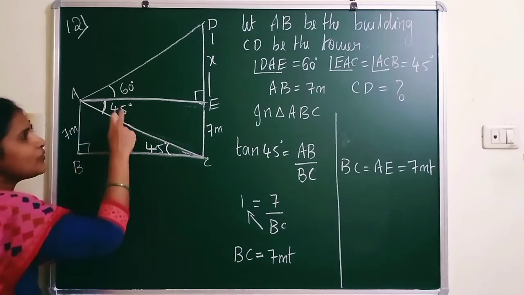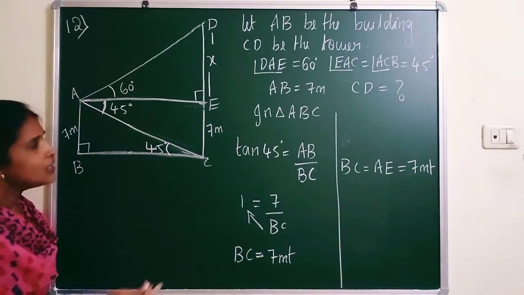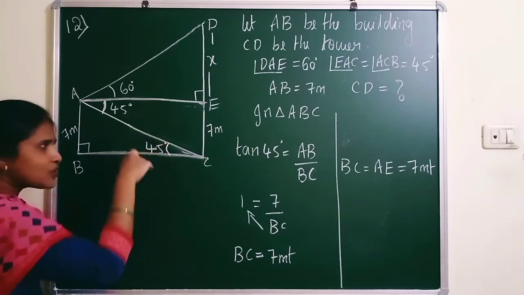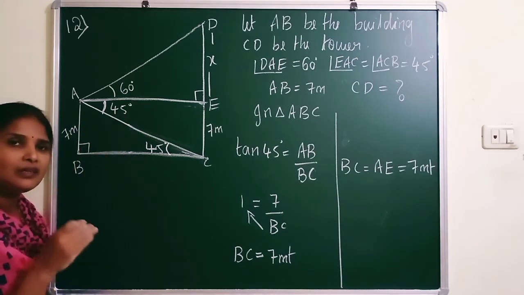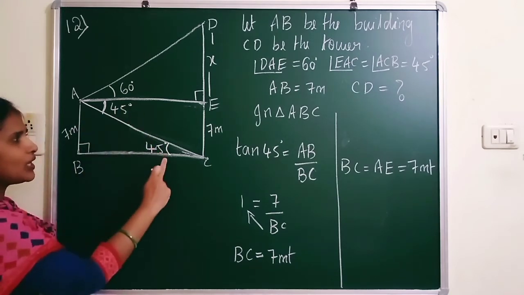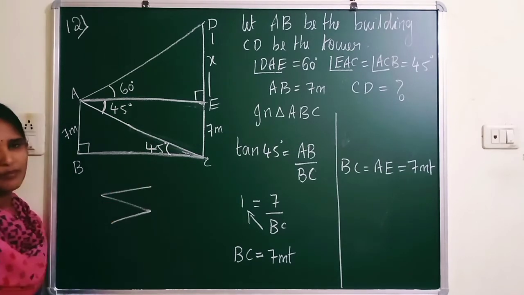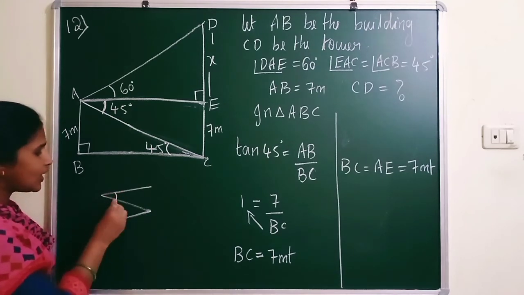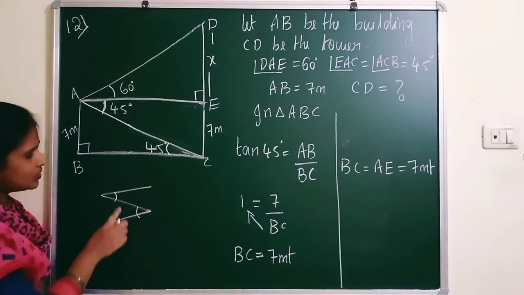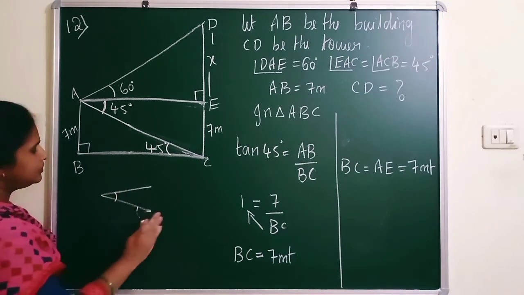With this 45 I cannot find anything, so whenever there is an angle of depression, it comes into another triangle with the help of alternate interior angles. That is, this is equal to 45 and this is also 45. You can observe here the Z shape. Whenever you come across alternate interior angles, you can look for this shape, that is Z. So these two are alternate angles when these two lines are parallel.